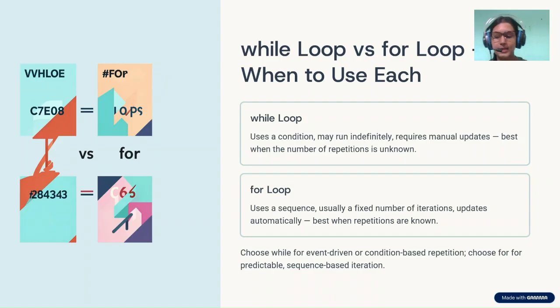Let's differentiate between while loop versus for loop, and when should we use each?